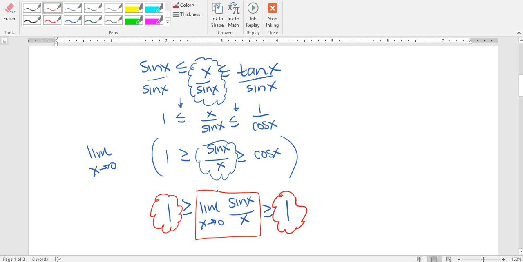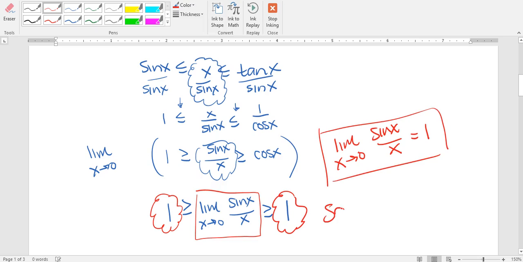So if it can't go bigger than 1 and it can't go smaller than 1, that must mean the limit itself must be 1. You can't be more than it, you can't be less than it, so that means you must be equal to it. So this is what's known as the squeeze theorem. You're trying to trap your trig function between two known values that happen to be the same value, that way you know you're equal to it.